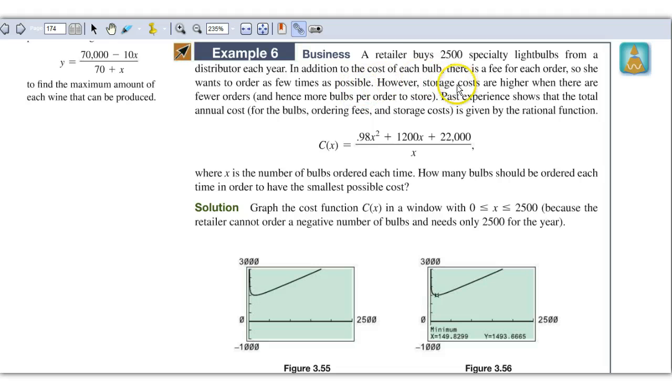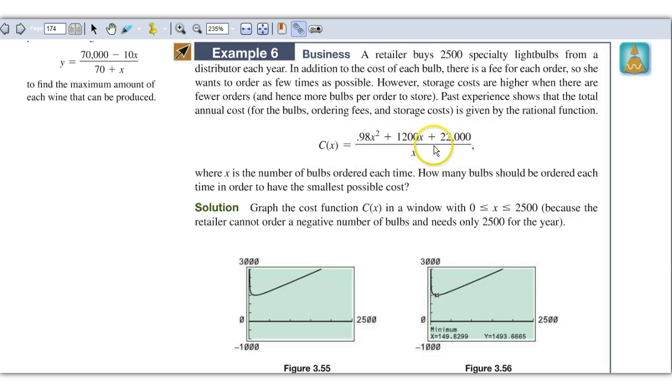And also there are storage costs that are higher when there are fewer orders. So it gets to be tricky as all of these things interrelate. But past experience has shown that they could use this cost function here.